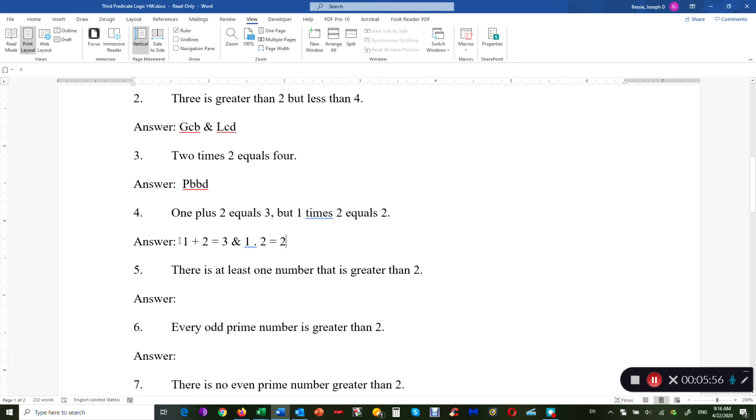Use S for the sum. A stands for 1, B stands for 2, and C stands for 3. The sum of 1 and 2 is 3, and the product of 1 and 2 is 2. Oh, I'm sorry, that should be A, the product of 1 and 2 is 2.